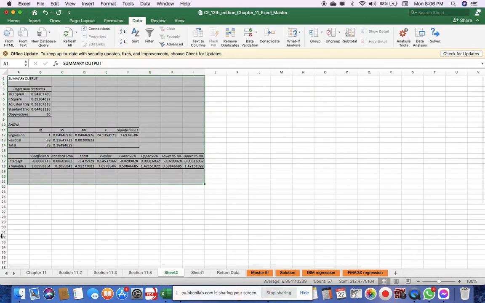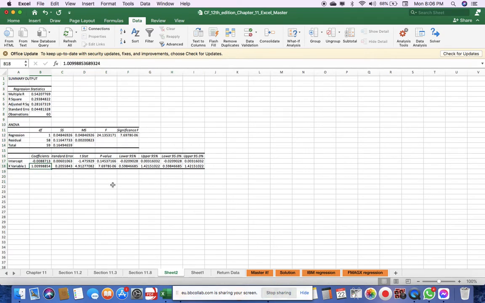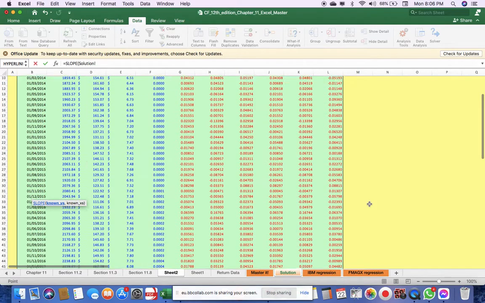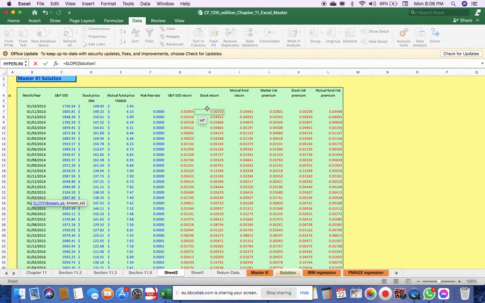You can find here the beta of IBM is 1.009. So you can calculate the beta of IBM through the slope function also. You can calculate the slope also for calculating the beta. Go there and your stock return in the Y. You asked me one question in the previous class when we were calculating the slope.